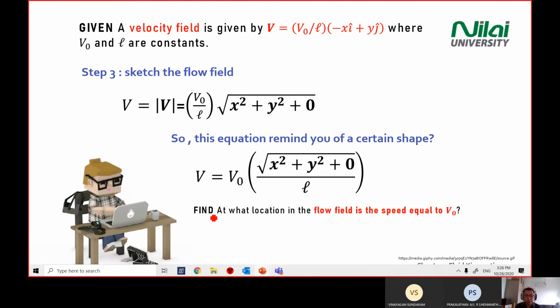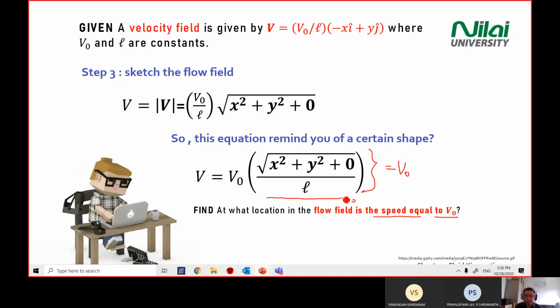So we need to find at what location in the flow field the speed equals V0. That means this whole thing equals V0. So what does this component equal to? Praka, what is this component equal to? Magnitude.